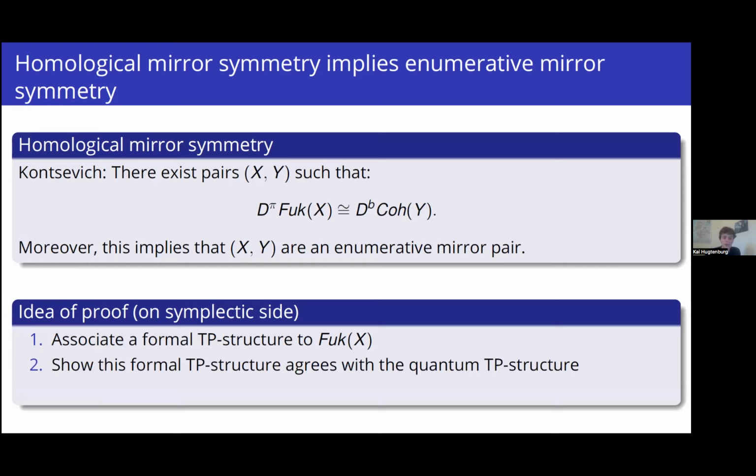The second step is that you show that this TP structure agrees with the quantum TP structure. Again, I will define both of these in a minute. Finally, you show that this extra piece of data, this splitting, agrees with the splitting that arises on the quantum TP structure to obtain Gromov-Witten invariants.